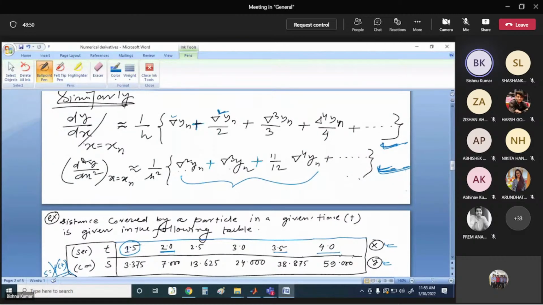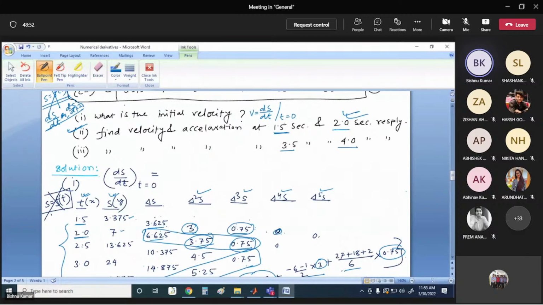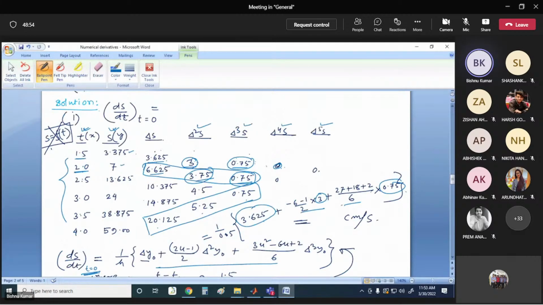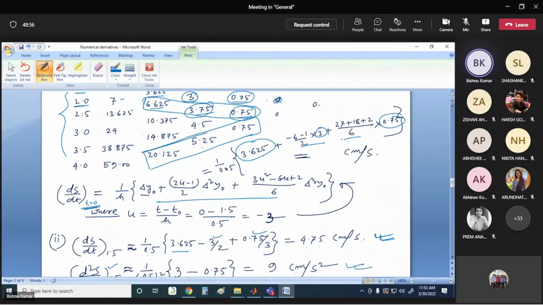To calculate velocity and acceleration at the second last point, at 3.5, you associate these values with the lower diagonal elements. You pick up those values and rearrange the same formula you have derived.